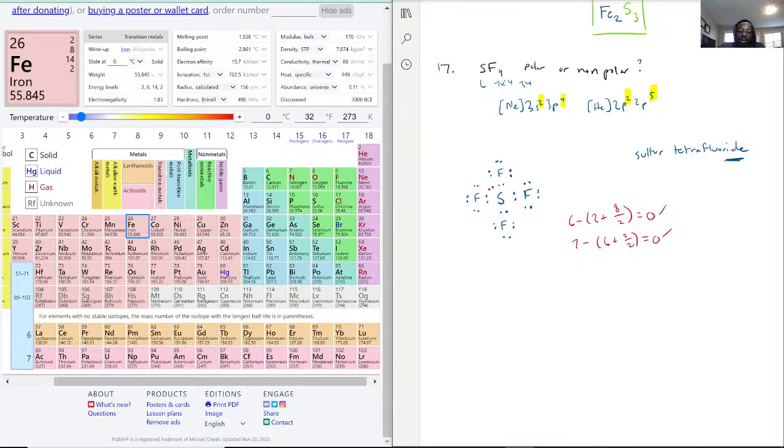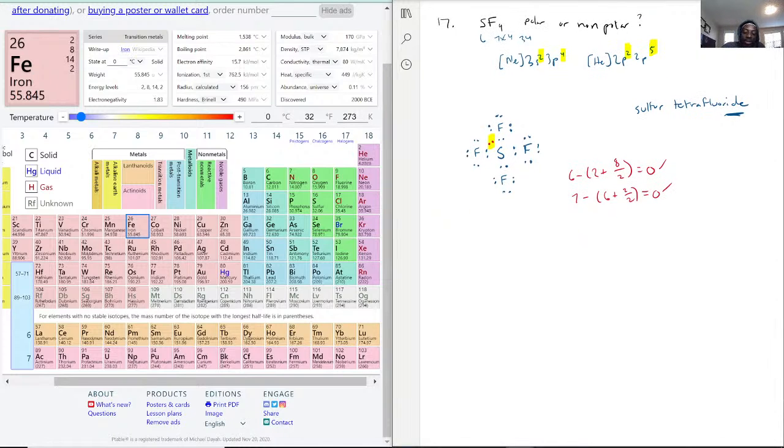Now to answer if it's polar or non-polar, this is your answer right there, okay? Not only does it have a lone pair on the sulfur, it's not counterbalanced by another lone pair. So if we were to actually draw it, it would look something like this.